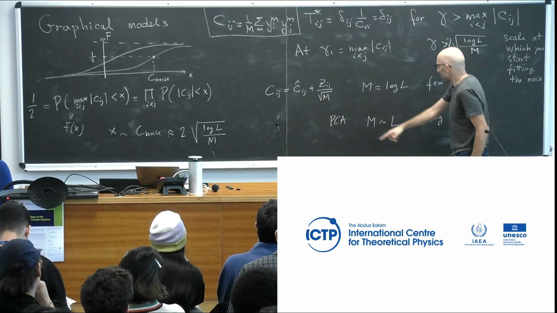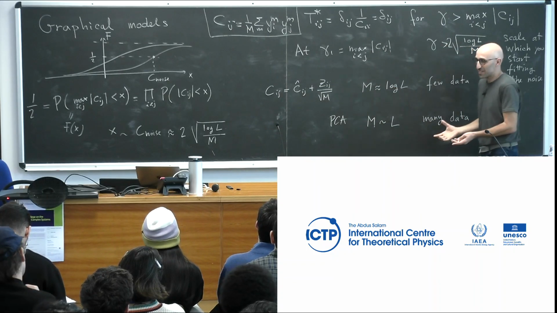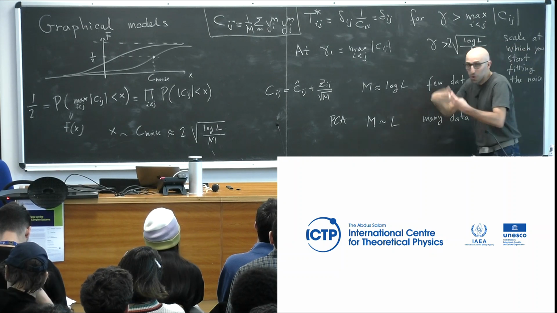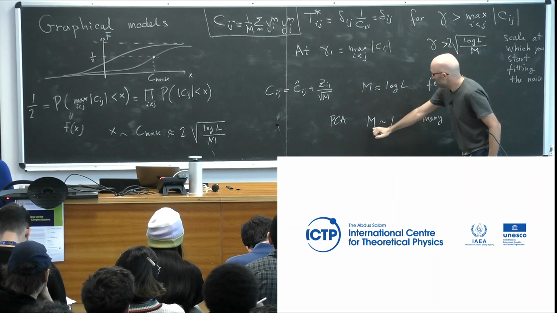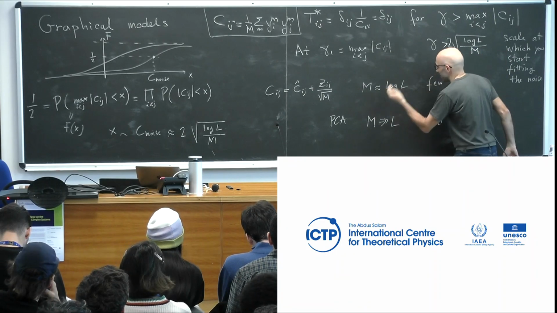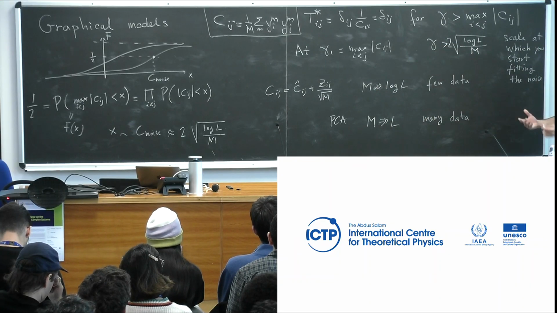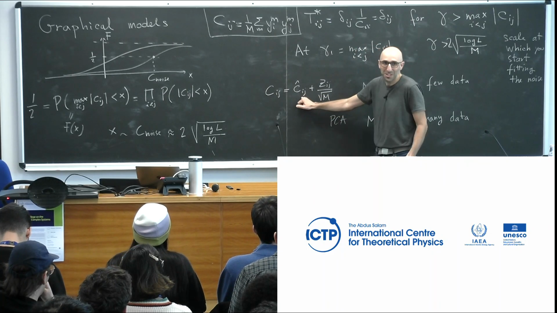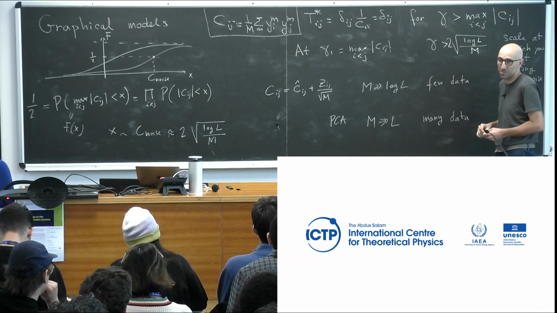But if I want the principal components, these depend on all the matrix elements, and as I showed you last week, this small noise can accumulate, and you need M to be much bigger than L in order to be sure that the eigenvalues of C coincide with the eigenvalues of C hat, and so you can infer the principal components in your data.